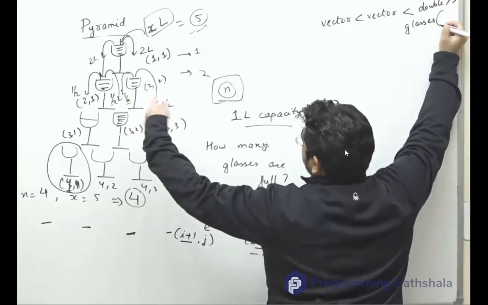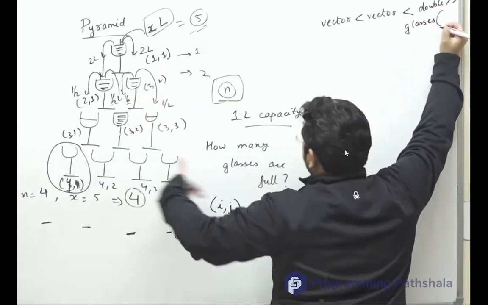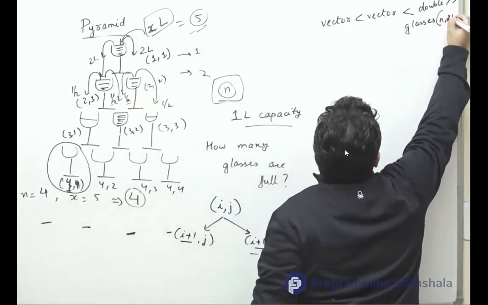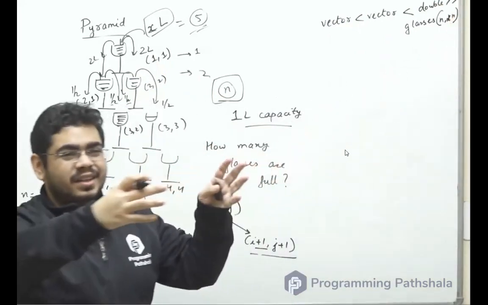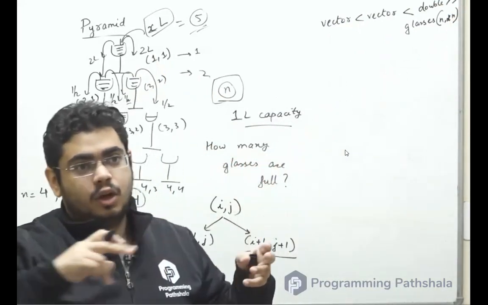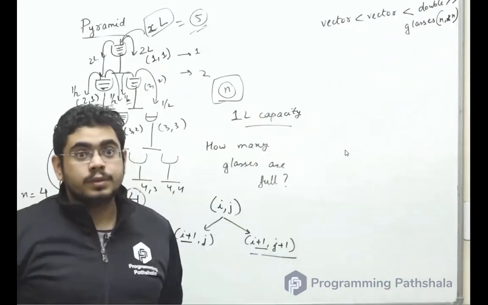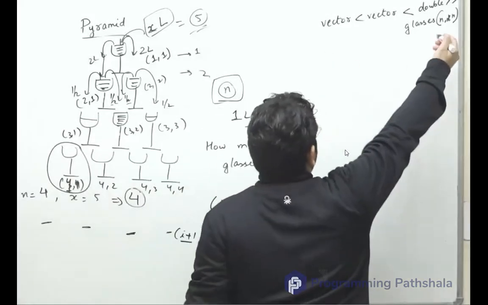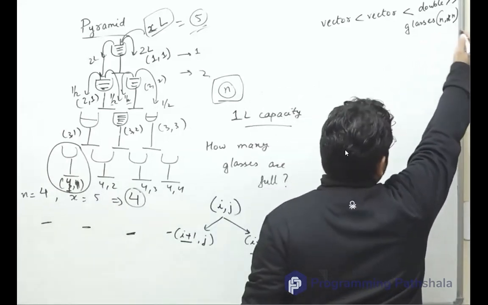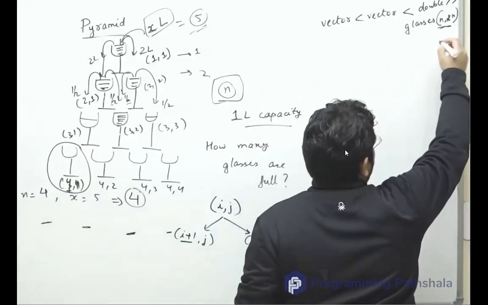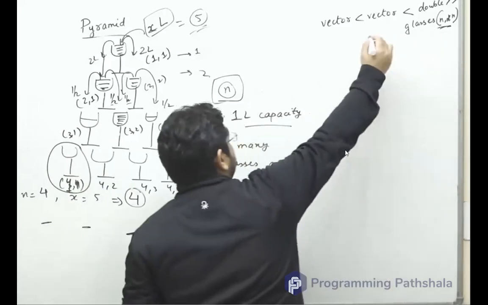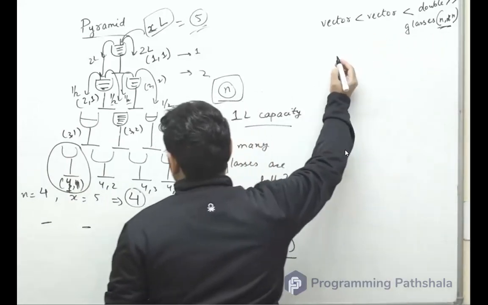And it will be of size n rows into n columns, so I'll make n into n. I'm not writing the complete syntax, like n comma vector int n 0 and all that stuff, but you can complete it, you know it, right?